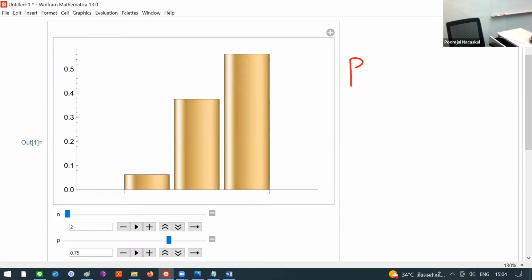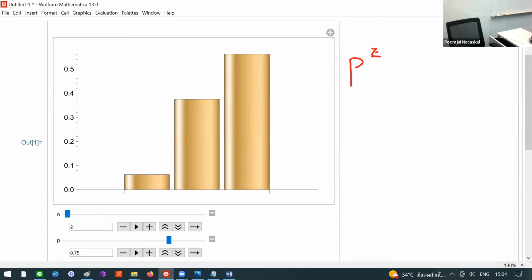So if the probability of 1 is P, the probability of 2 ones is P times P. So P squared. That's the probability of 2 ones.